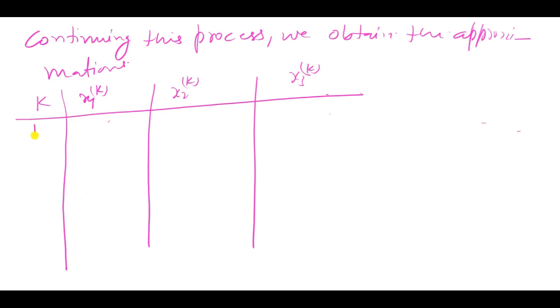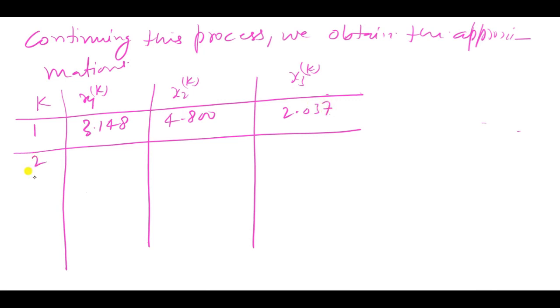In the first approximation, that is when k is equal to 1, x11 is 3.148, x21 is 4.800, and x31 is 2.037.